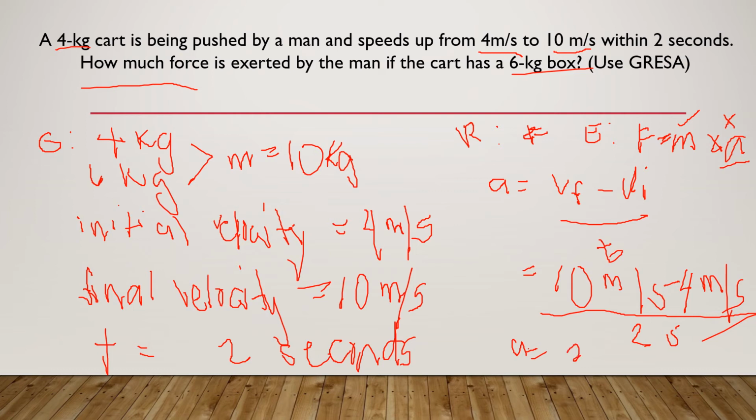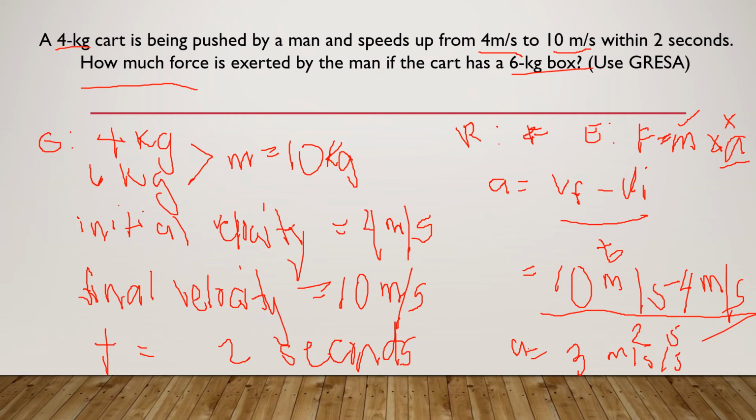So the correct answer for acceleration is 3 meters per second per second. Here you will notice that meter per second on the top is just copied and the second at the bottom is being placed. So this is the correct answer for the acceleration. We have here 3 meters per second squared.